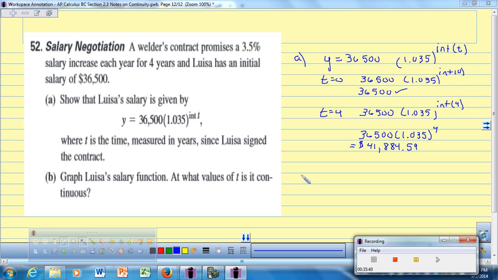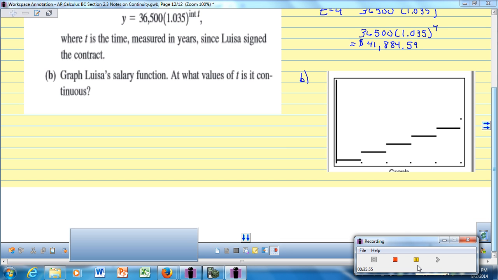All right, part B says, graph Louisa's salary function. At what values of t is it continuous? So I have graphed our function, y of t, and just so you know, my window has been set from 0 to 5 in the x going by ones, so that's for each year, and then from 36,000 up to 50,000 by 5s.